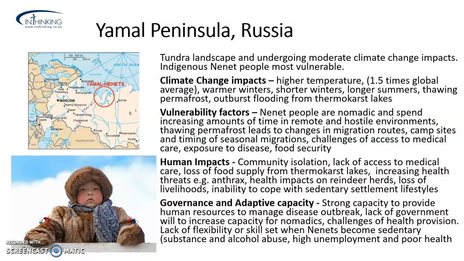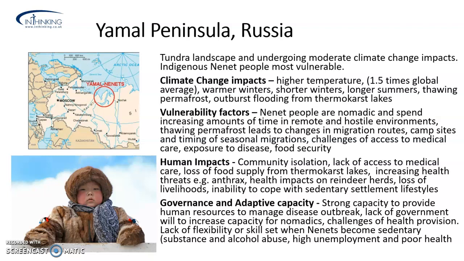It also takes away food supply for the Nenets people, this nomadic group. So the vulnerability factors are, well, they are nomadic, and so they migrate with their reindeer herds. Their migration is becoming longer and longer. They have to spend more time in the north, which is more remote and more hostile. And so that's impacting their migration routes as well.